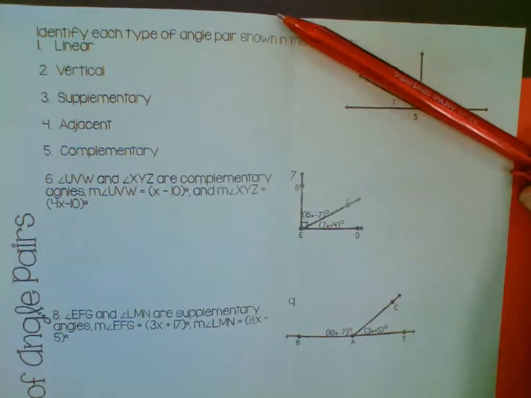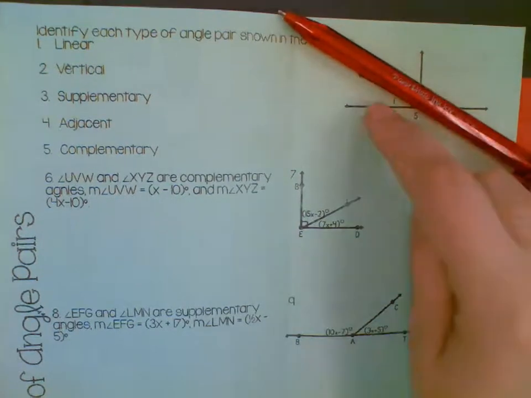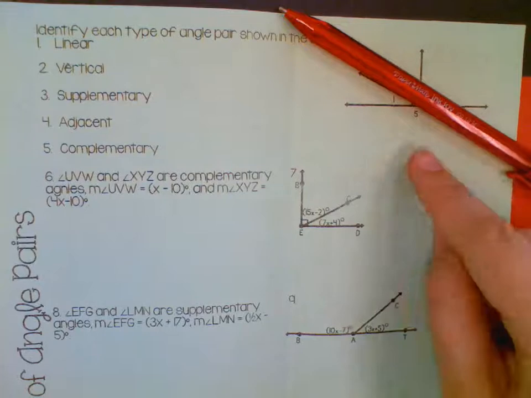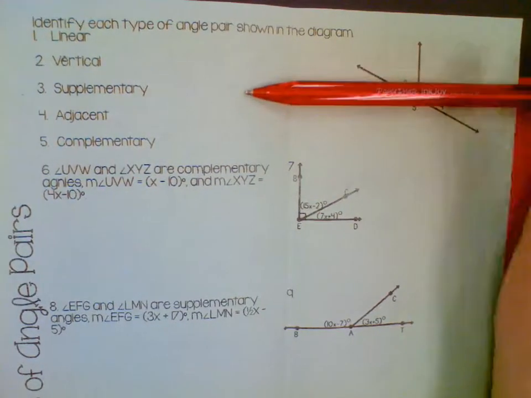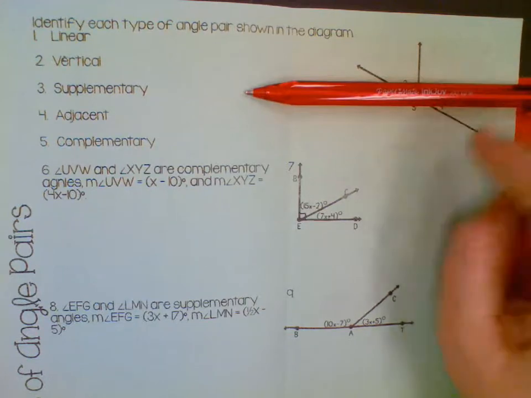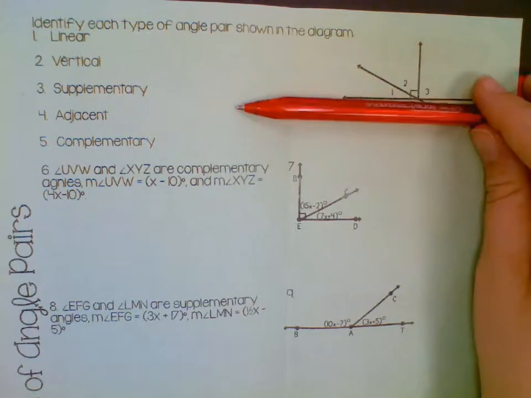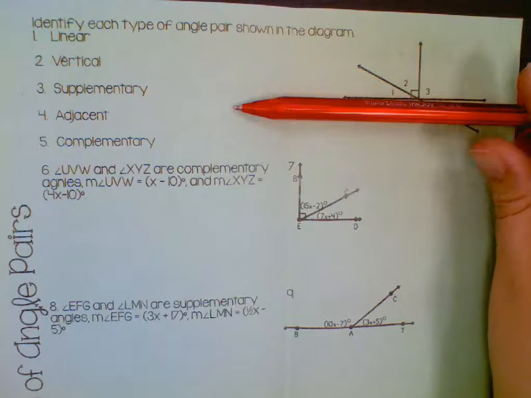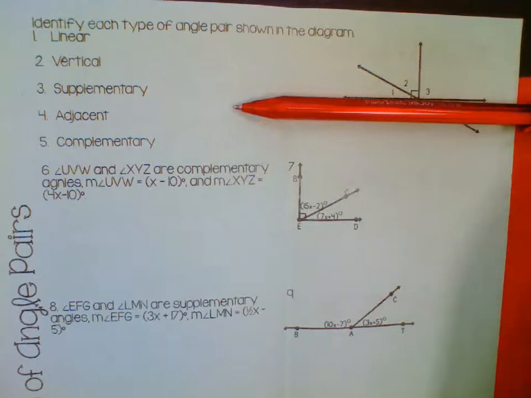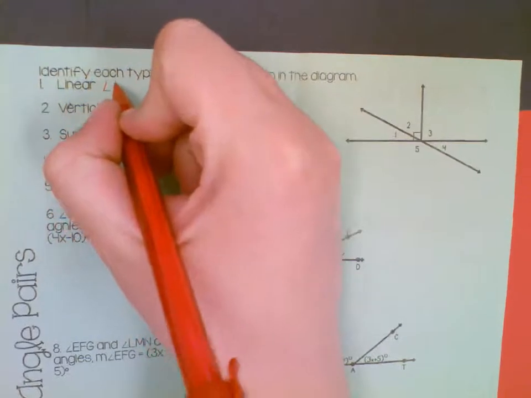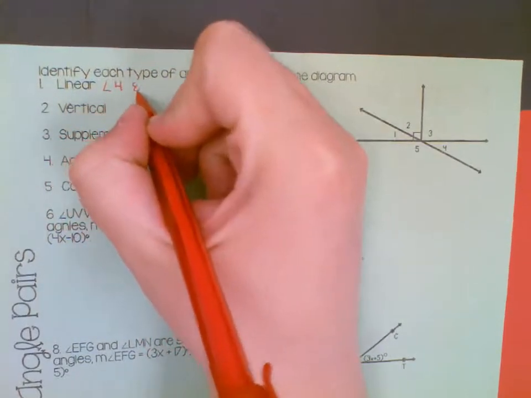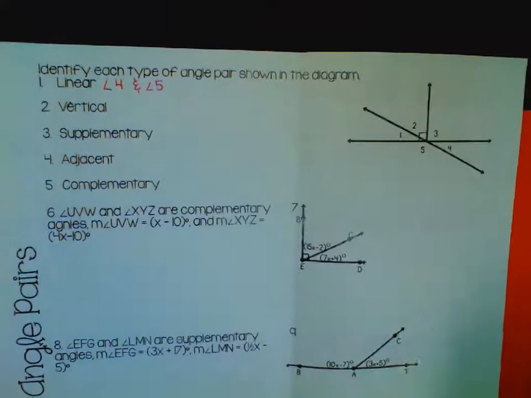If I use this as my straight line, angles 1 and 5 could be our linear pair. If we use this one, we would have 4 and 5. If we looked at the top, there's 3 angles there, so those don't count. 1, 2, and 3 are not a linear pair. Pair means 2. So we could say angle 4 and angle 5.